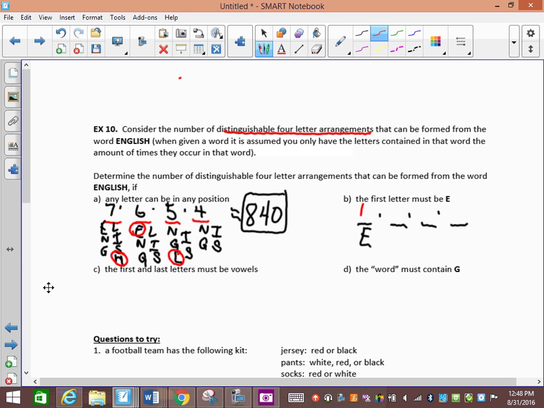N, G, L, I, S, H, like 6. Say I keep H here, then I have 5, then I would have 4. 1 times 6 times 5 times 4 is 120.